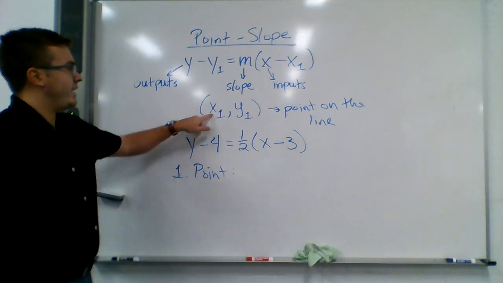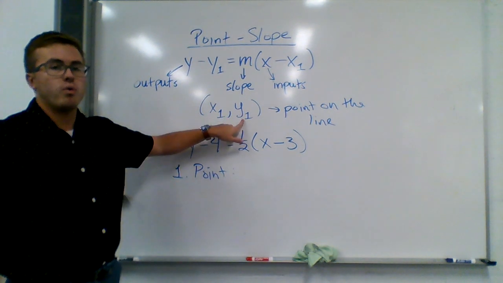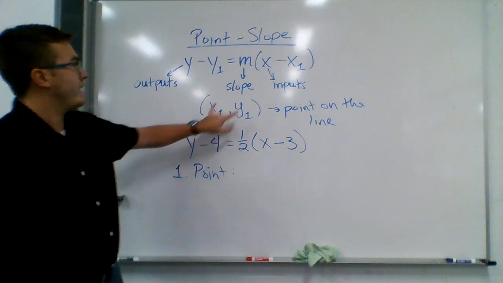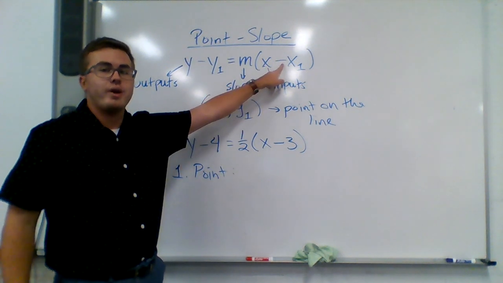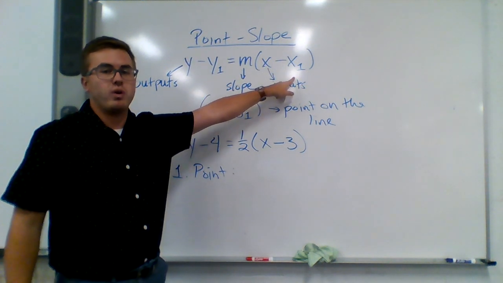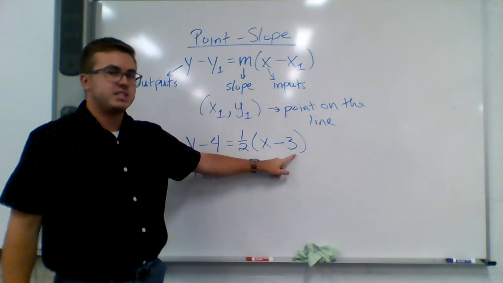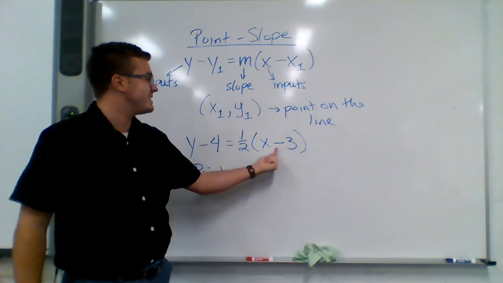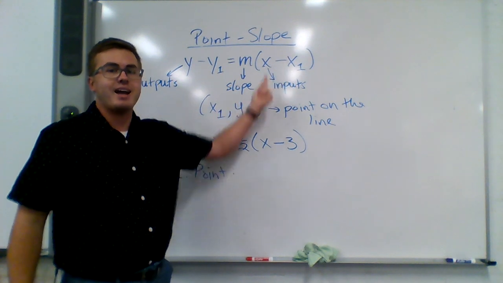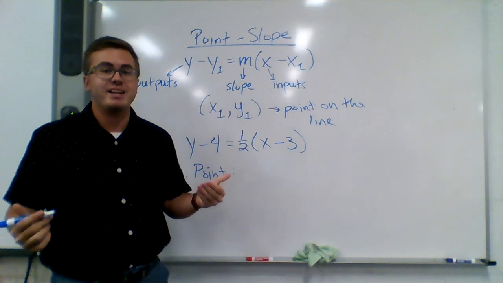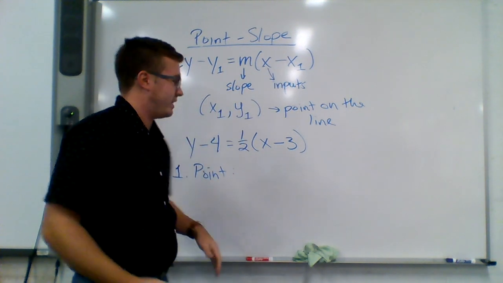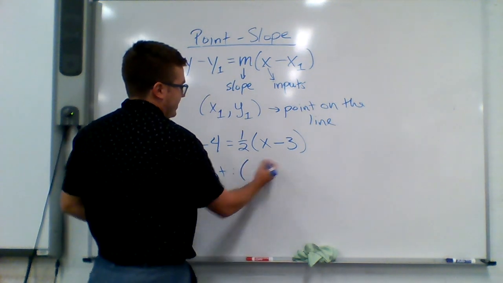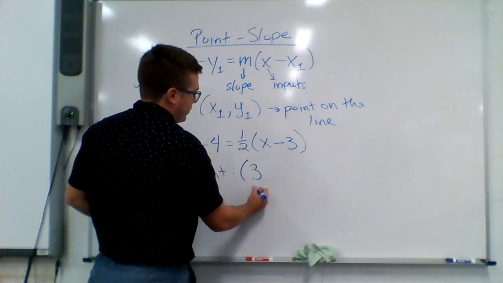We know that the point is in the form of (x1, y1). So here, the original equation has a minus x1. So when we see minus 3, well, 3 is actually then a positive number because it's the same sign as up here. If it's a minus sign, it's kind of opposite. So the x1 is actually a positive 3.